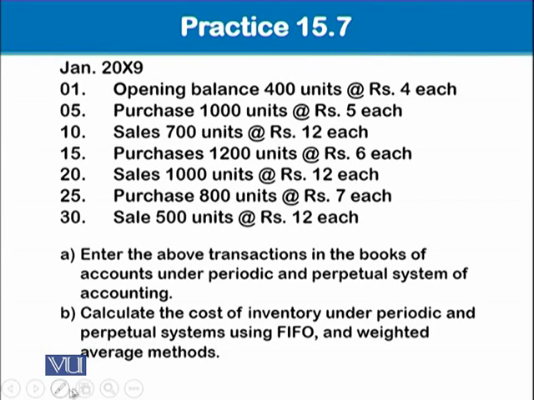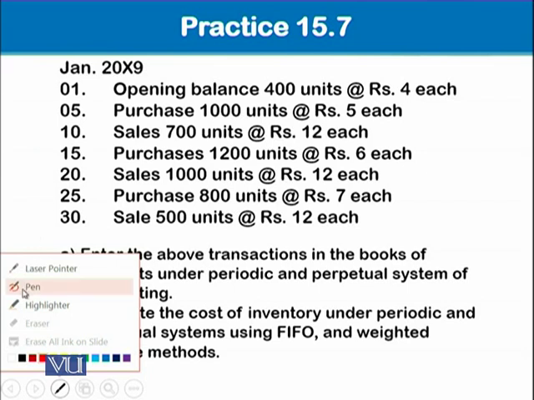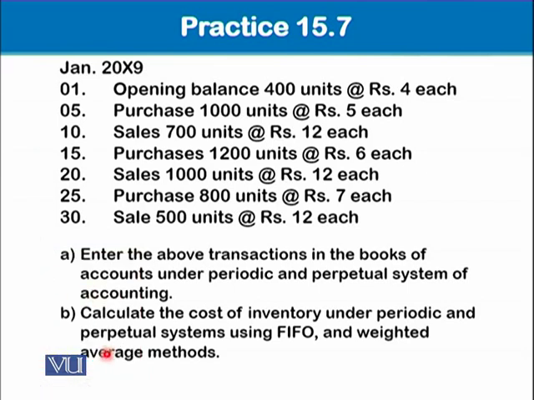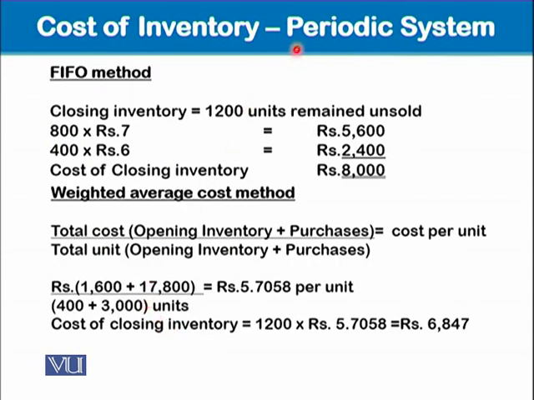When we say perpetual system, you know that the transactions are recorded on a daily basis, on a date sequence basis, and after recording each transaction we have a balance with us. By the way, under the periodic system we had this working.